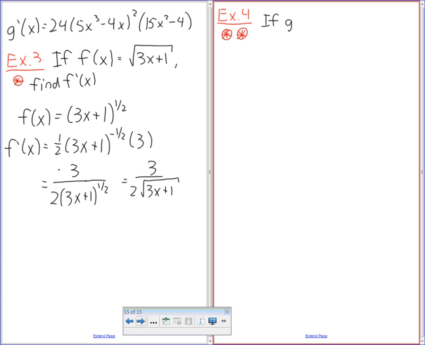So it's going to say if g of x is equal to bracket 3x minus 2 bracket 4x plus 1 cubed, find g prime of x. Okay, I will go through this with you. You guys want to try it yourselves, or do you want me to do it for you? Do it for you? Okay, what type of strategy are we going to take up for this one?